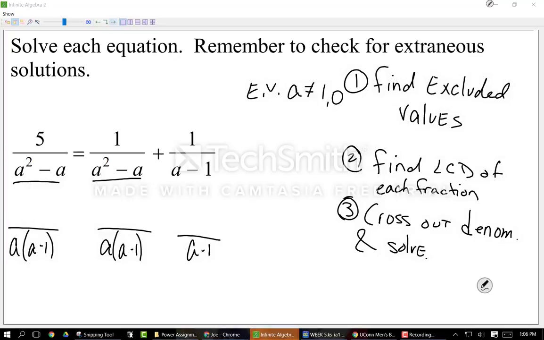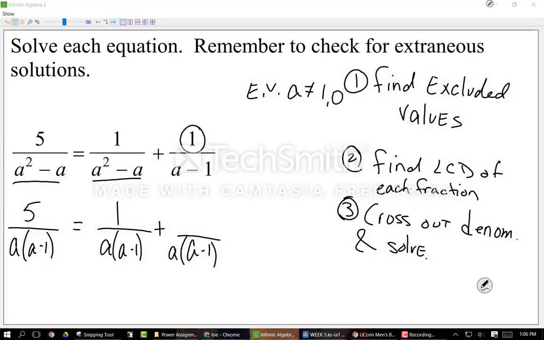So I have my a times a minus 1 in my denominators and then the a minus 1 on the right. What is your common denominator? This is now step 2. Common denominator, if you notice, everything has an a minus 1 in it except for the last one, but I need to add an a. Everything now is exactly the same. So that means this 5 stays, this 1 stays.